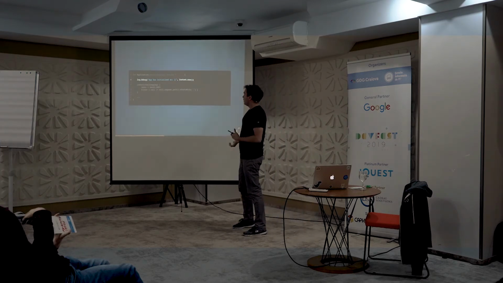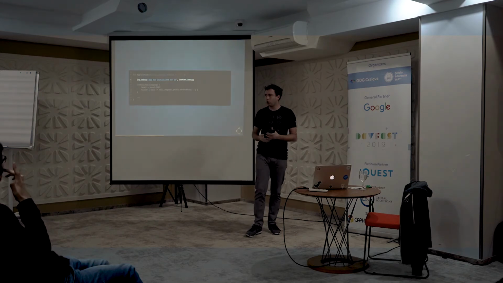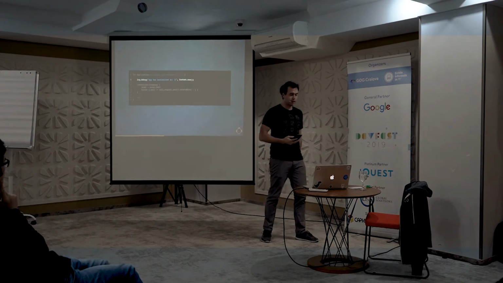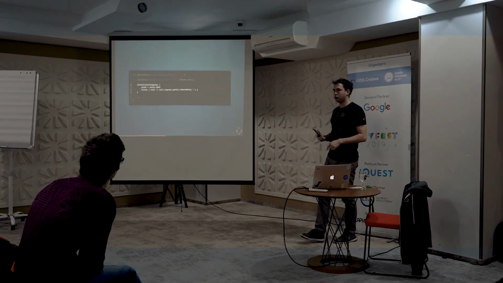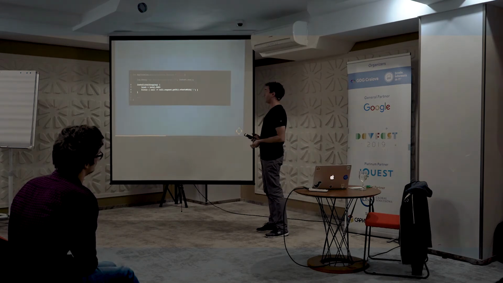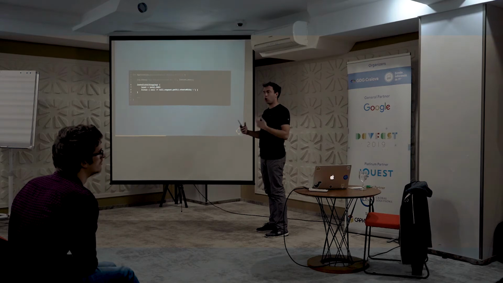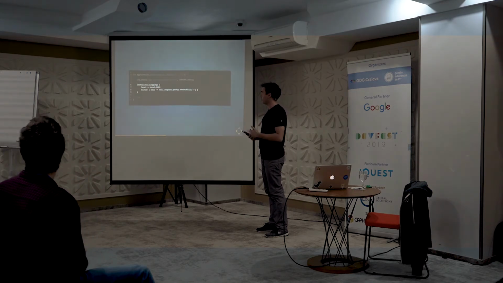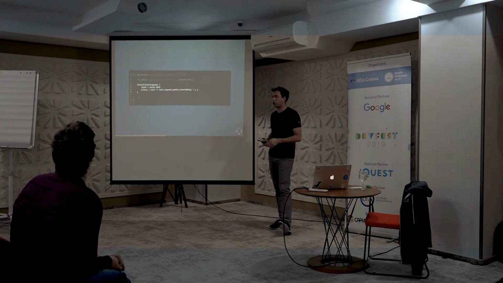How you use it: the logger is already set up, so all you have to do is just get the log and then log whatever you want using SLF4J. And to set up the other feature where you get automatic request logging, you just have to write these three lines of code. Actually, just the first one is enough. Basically, you install the call logging feature, and then you can configure, hey, I want my logging level to be info, and then I want to filter only on some subsets of the application or something like that.